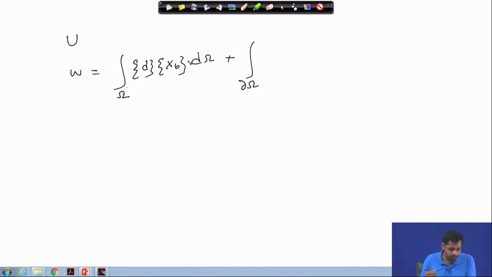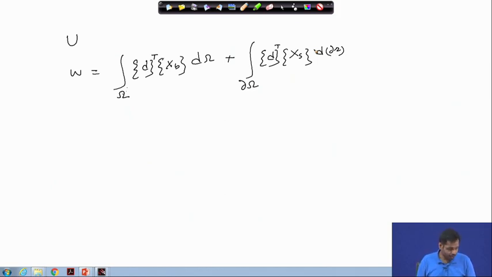So, this will again be d, multiplied by xs, where xs is the corresponding surface force, integrated over ds or d del omega. In order to be consistent, this d will be transposed, so that this becomes a scalar.